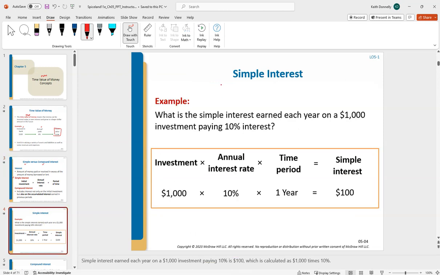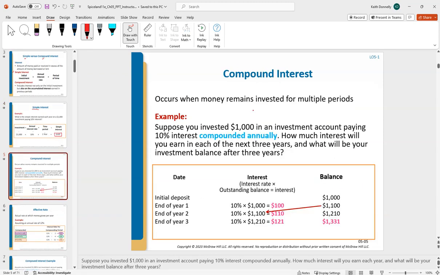Here's an example of simple interest. We have $1,000 at a 10% rate for 1 year. The amount of interest is $100. It's just that simple calculation. In distinction, with compound interest, say you invested $1,000 in an investment paying 10% that compounds annually.